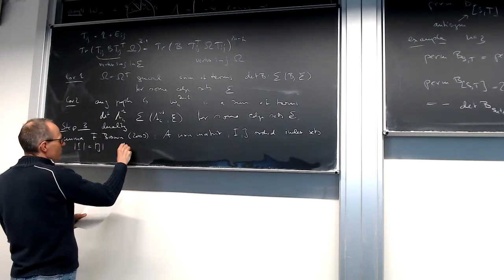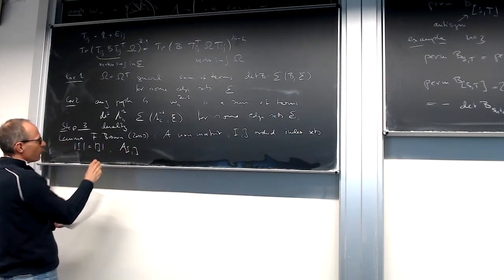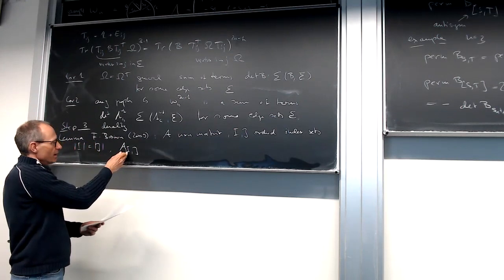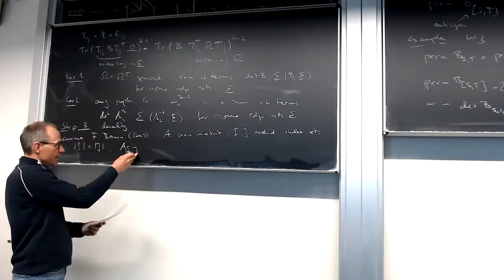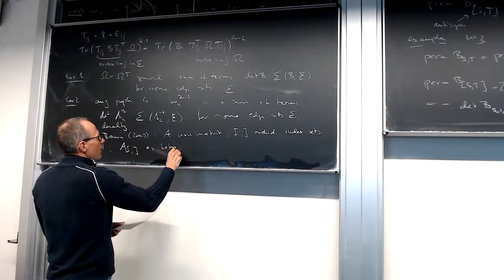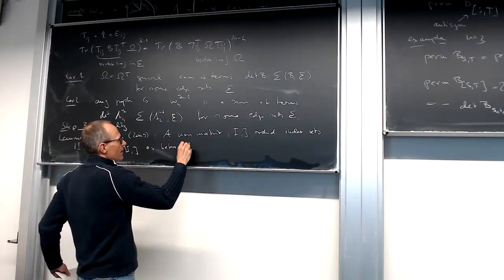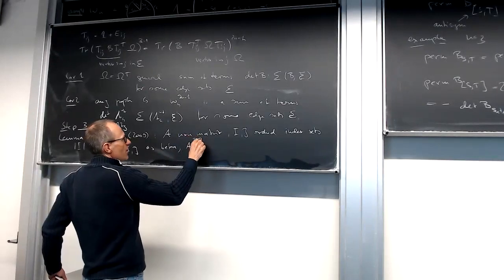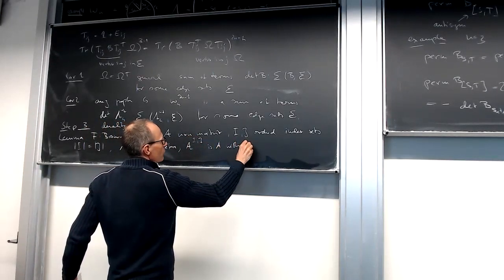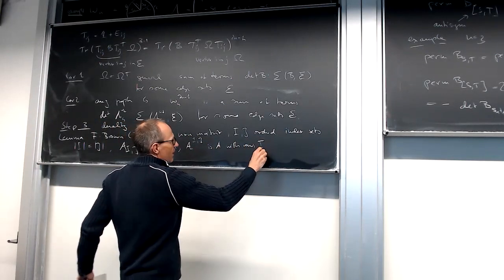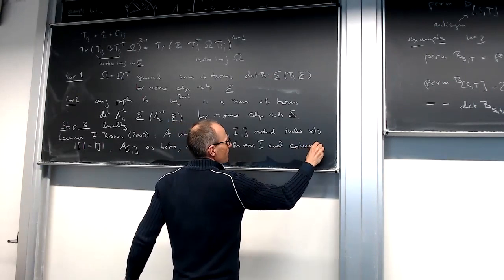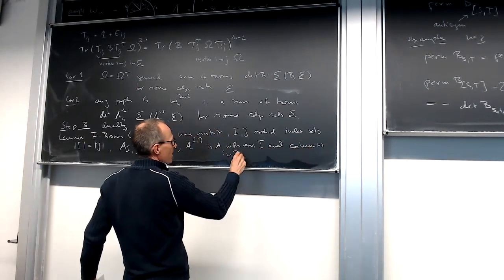We have A_IJ. This is what we had before. This means that we construct a matrix from the rows in I, in columns in J as before. A_IJ is A with rows in I and columns in J eliminated.